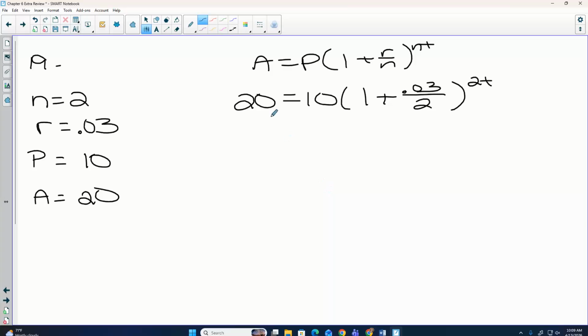So if we plug in, divide by our 10, we get 2 equals 1 plus 0.03 divided by 2, so 1.015. All right, we can't get a common base here, so what do we do?